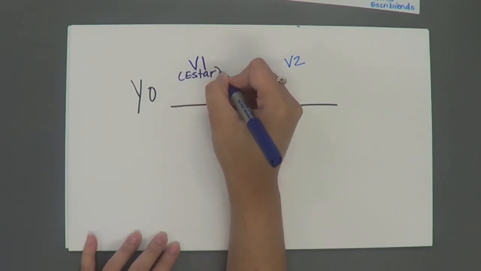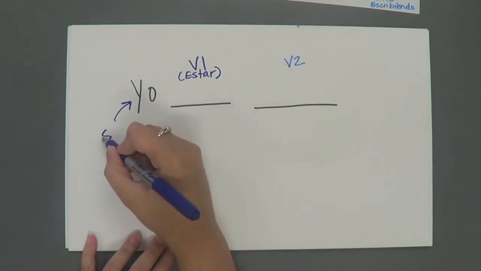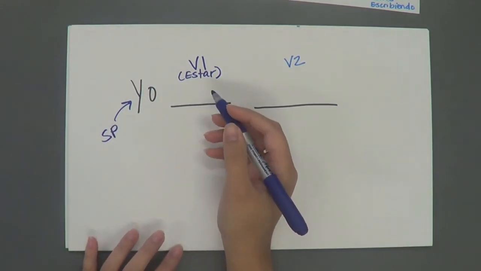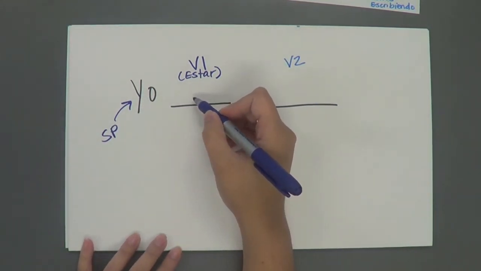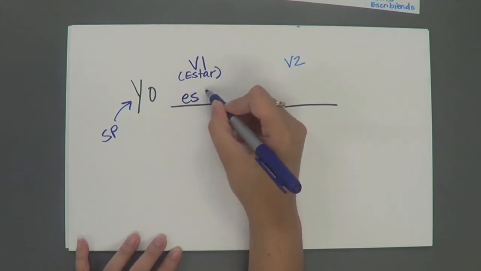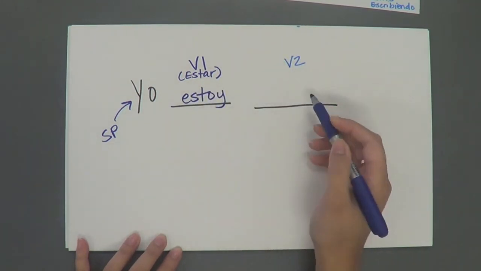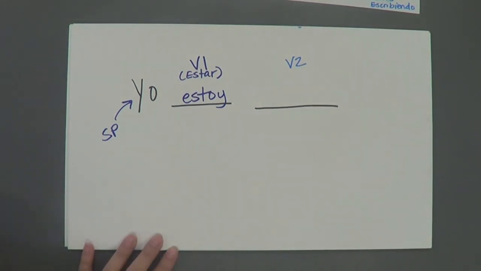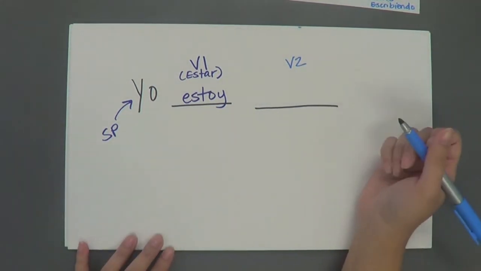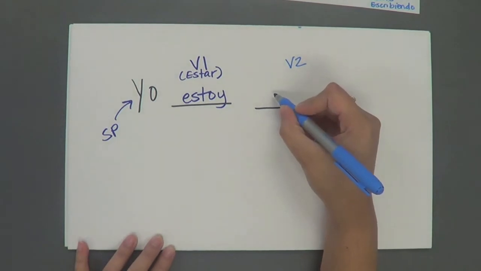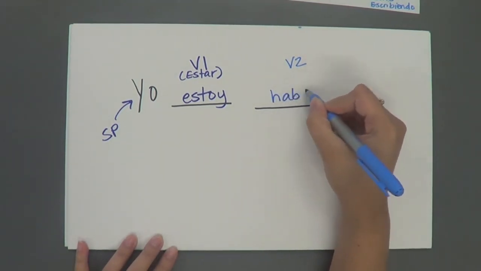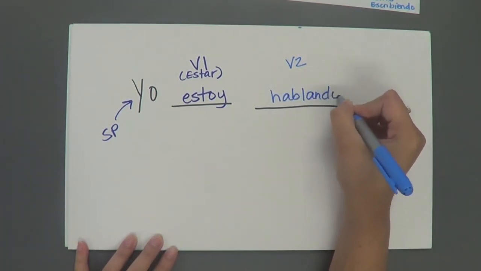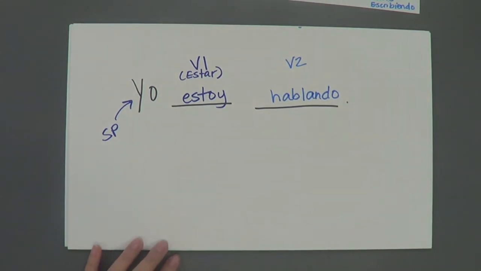And then depending on the subject pronoun is the conjugation that you're going to choose. So in this case, we know the yo form is going to be estoy, so yo estoy. And then your second verb, depending on the action that you are committing, and then adding the ando or yendo if it's an AR, ER, or IR, yo estoy hablando for this one. And that's it. That's the present progressive.